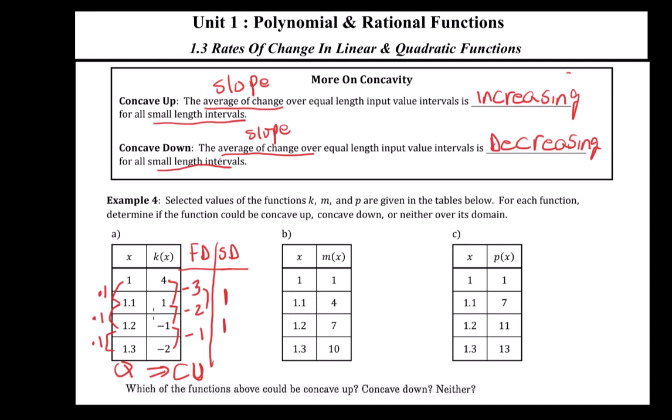Now we can see the x is the same value, so we know the difference is 0.1. So now 4 minus 1 is 3. 7 minus 4 is 3. 10 minus 7 is 3. You can see that the first difference is the same, so we cannot do the second difference because we will end up at 0.